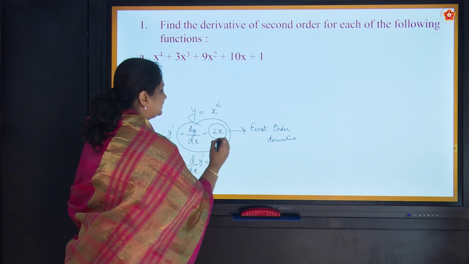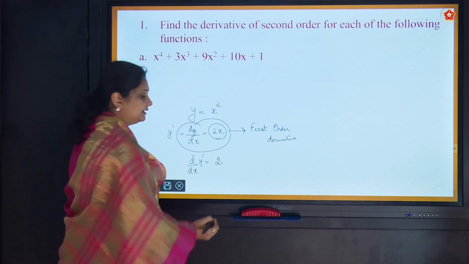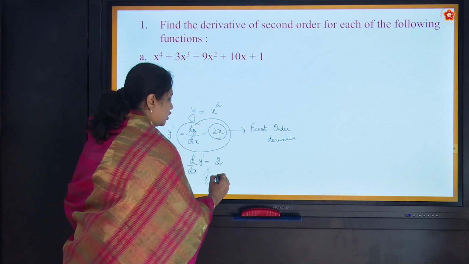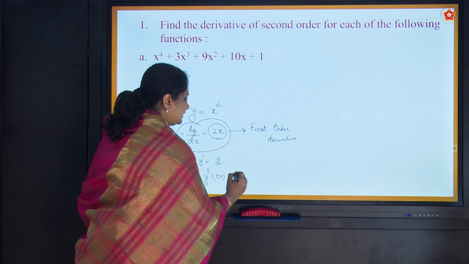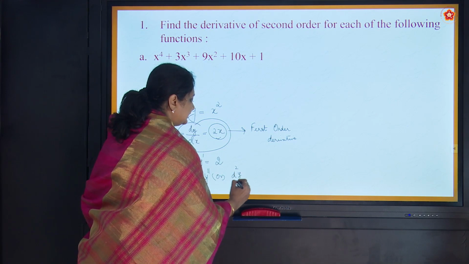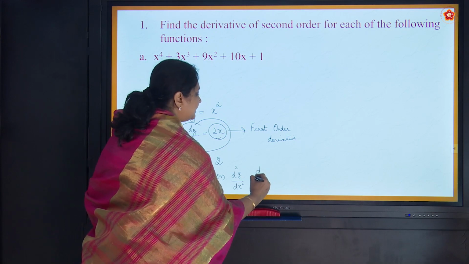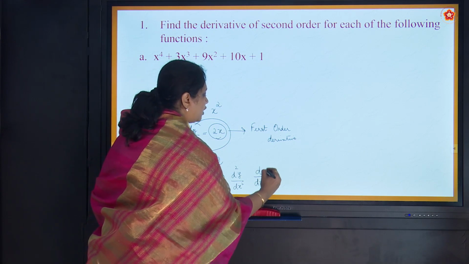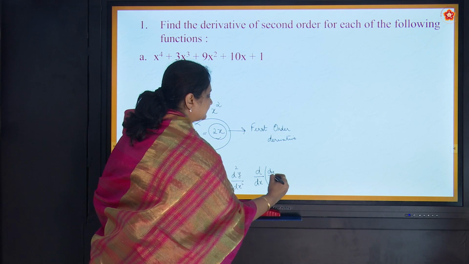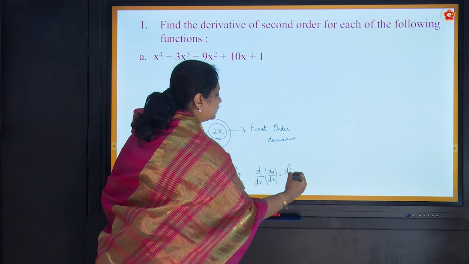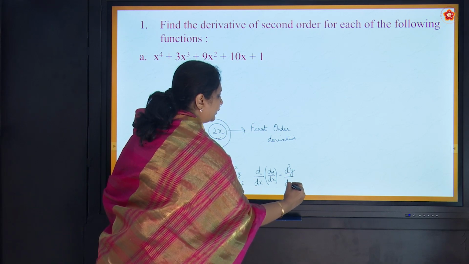When I differentiate this with respect to x again, I get 2. This is called y double dash or d square y by dx square. This is nothing but d by dx of dy by dx. So this is represented as d square y by dx square.